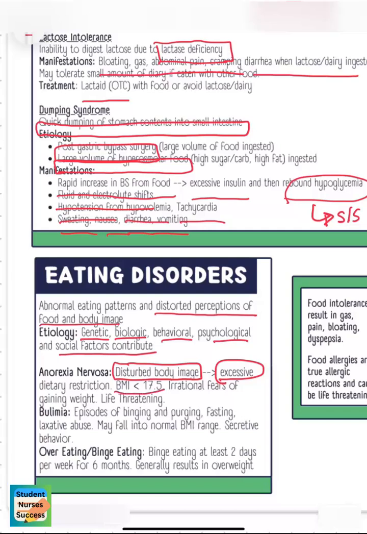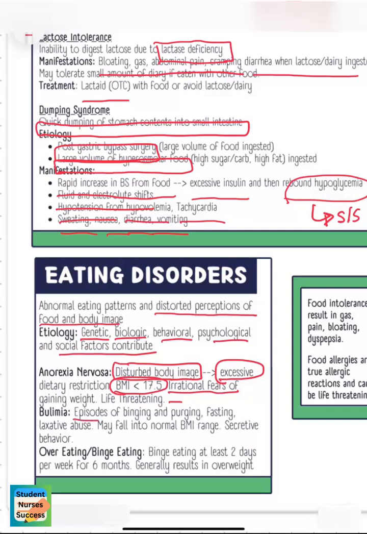We define it as a BMI less than 17.5, and they have irrational fears of gaining weight. Anorexia is life-threatening. We can see cardiovascular failure and serious altered electrolyte disturbances. So it definitely is a life-threatening condition at times when patients become so thin.